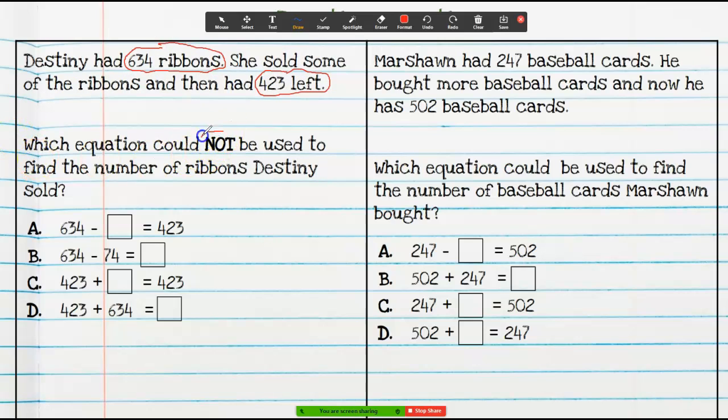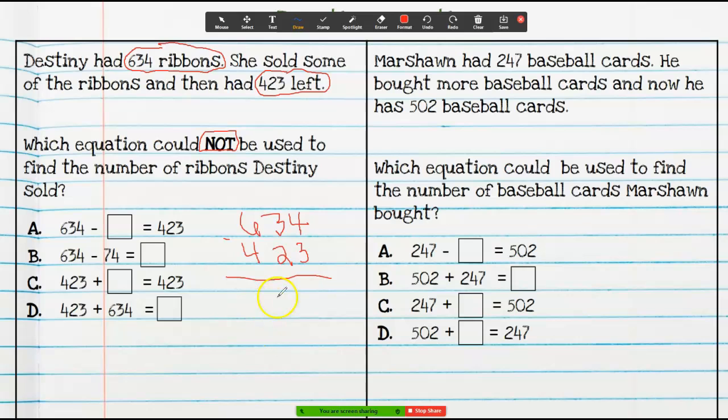Which equation could not be used to find the number of ribbons Destiny sold? Okay, so she had 634. And she sold some of the ribbons. Then she had 423 left. So we need to figure out how many she sold. Okay?